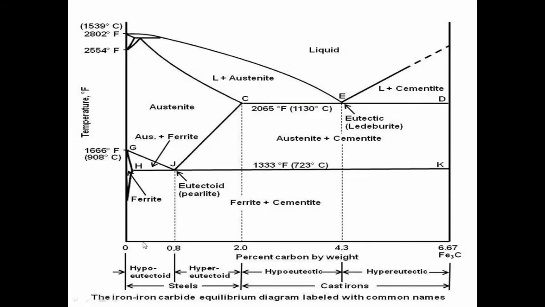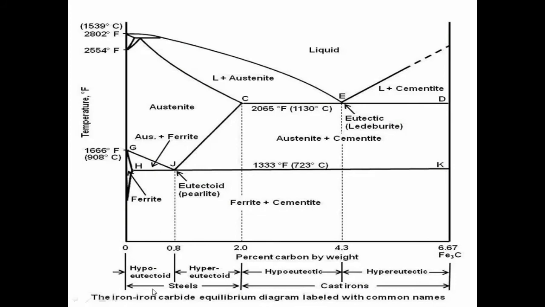Here, on the x-axis is the weight percentage of carbon, and on the y-axis is temperature. In a steel manufacturing process, the iron and carbon composition remains at very high temperature in the liquid phase, above around 1600 degrees Celsius.